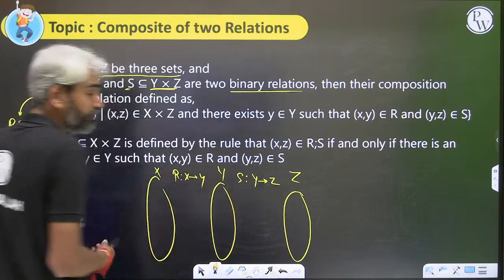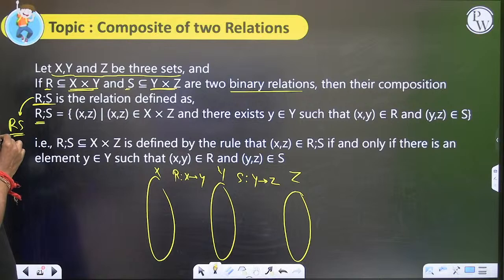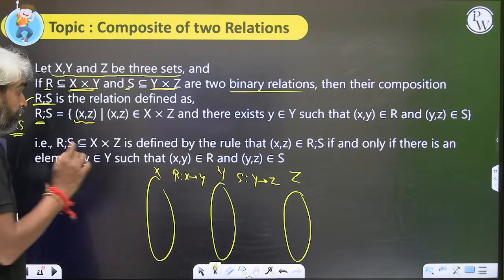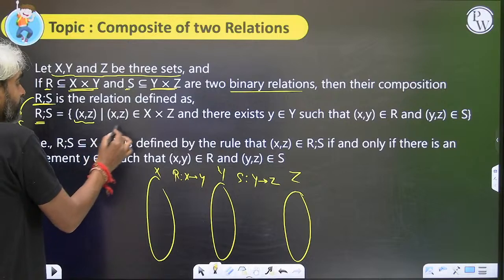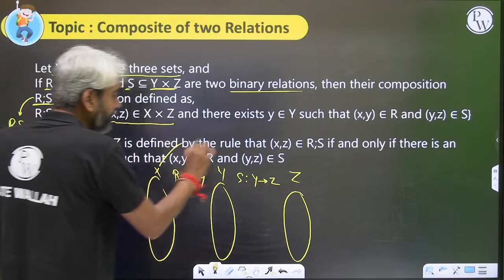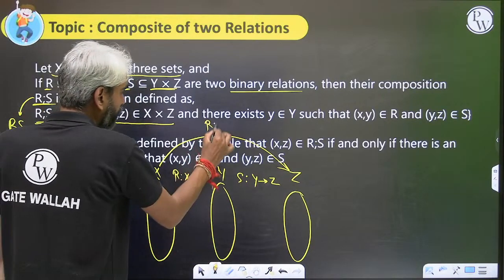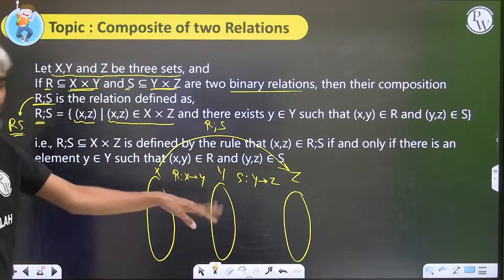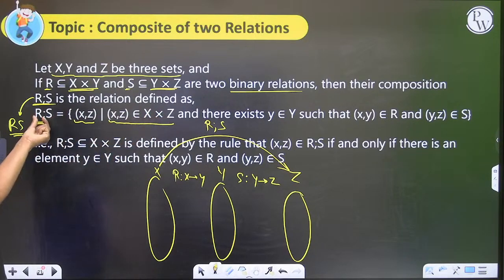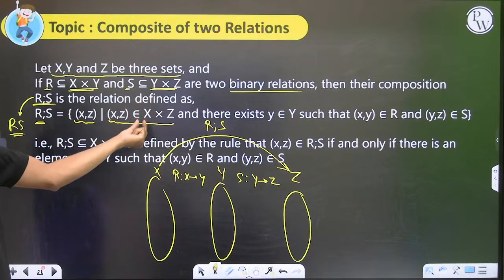Their composition is a relation defined such that R composite S will have the ordered pair (x, z) such that (x, z) belongs to X cross Z. So X cross Z means it will be a relation from X to Z. R composite S will be a relation from X to Z because this ordered pair belongs to X cross Z.